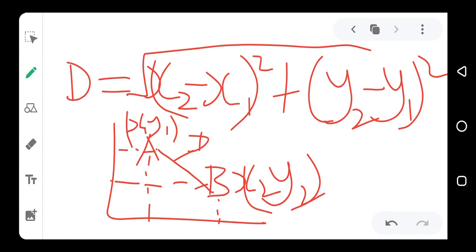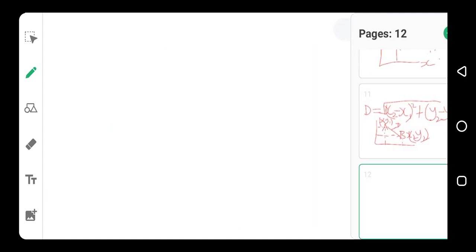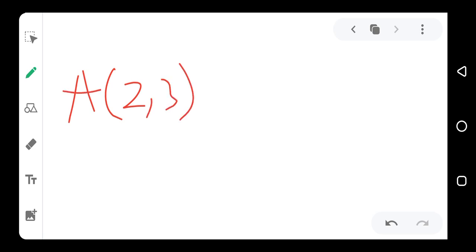Now let's look at some examples. If you are told that we have two bodies that are separated and the positions are, let's say the first body is A and the coordinate of A is 2, 3, and position B is at the coordinate 1, 2.